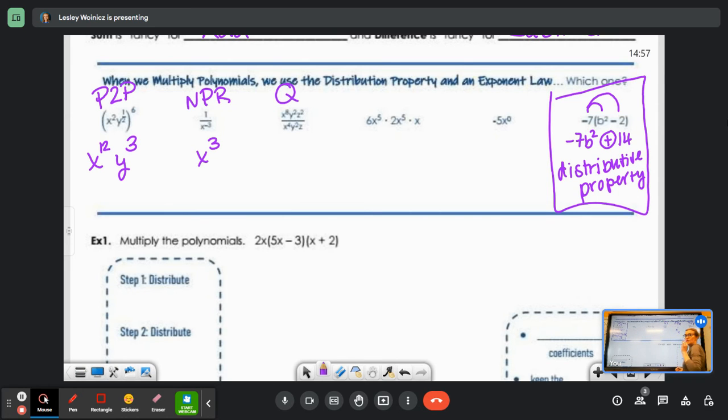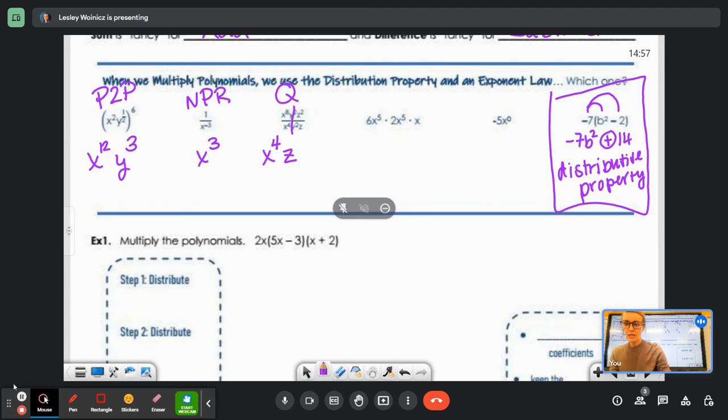Quotient rule says I get to do what with my powers? Subtract them. So 8 minus 4, that gives me x to the fourth. The y's cancel. And then I've got two z's multiplied together on top and only one on the bottom. So I just have one z left.